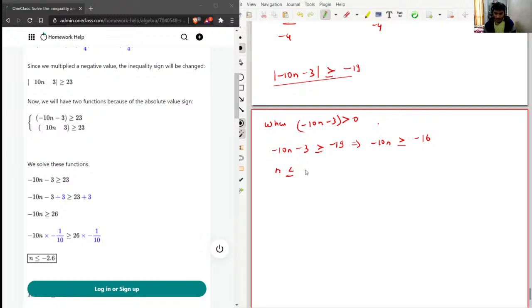I have to write this in fraction, 16 over 10, it will be 2 8s are 16, 2 5s are 10, so 8 over 5. So my n is less than equal to 8 over 5.